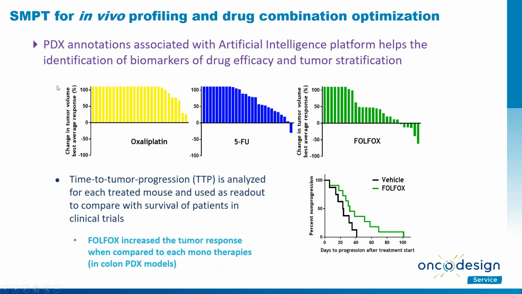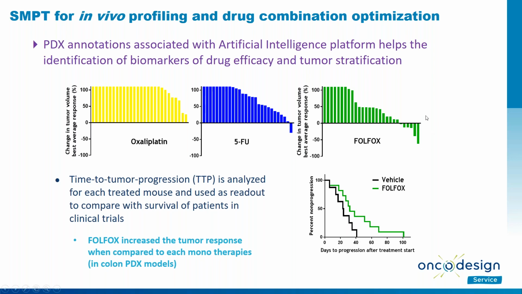And here you have an example. It's not in breast cancer, but in colon cancer PDX models, where we have tested monotherapy and the FOLFOX combo, and you can see that the FOLFOX combination increased the number of models that are sensitive as compared to the monotherapy. It's comparable with the clinical situation where FOLFOX increases the outcome of the patients.